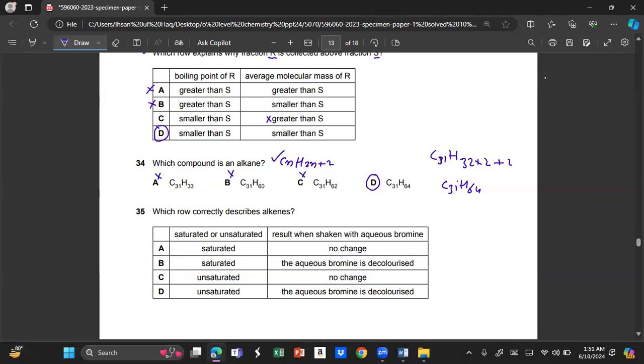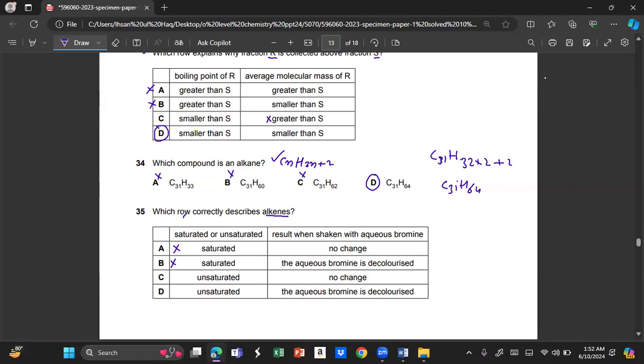Okay, now let's see. In option first, column one, is it saturated or unsaturated? Which row shows alkenes? As I told you earlier, alkenes are unsaturated. So option A is rejected, option B is rejected, options C and D are now considered.